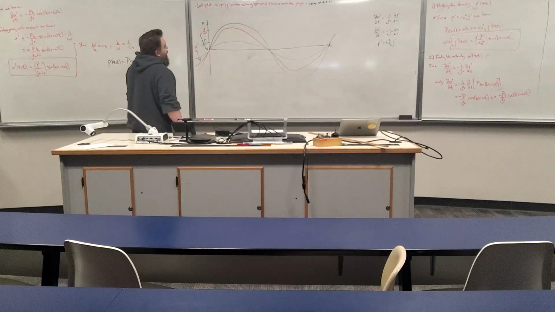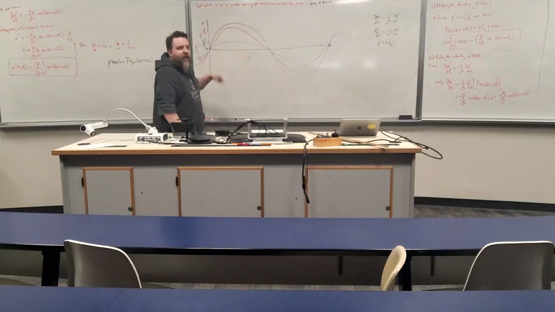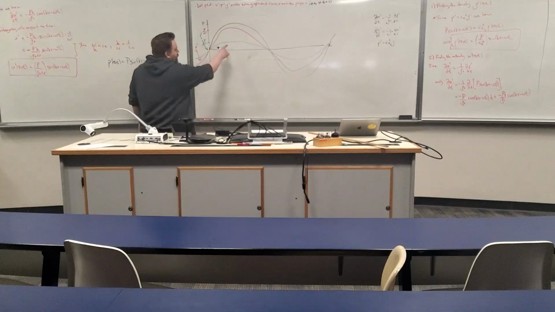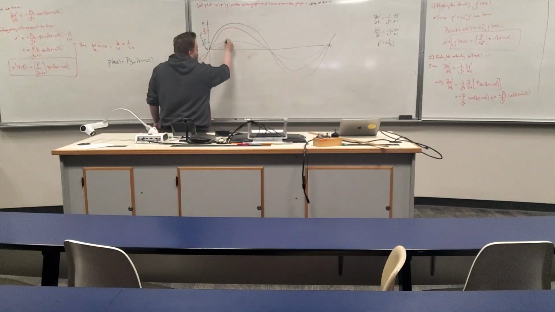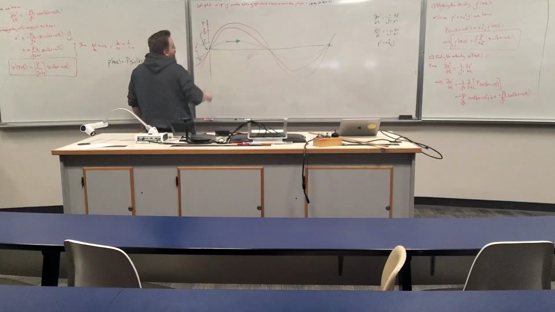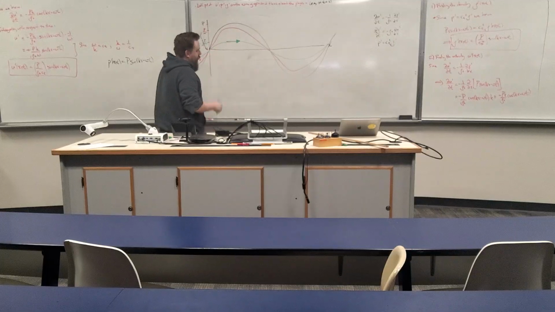So one way that makes it easier to see this is instead of graphing the velocity as just a curve, I'm also going to add arrows that show what direction the flow is moving and how fast. And so here we have a positive velocity and it's a high value. So I'm going to draw a big green positive arrow right there, saying that at this point in the gas, the actual parcels are moving to the right.